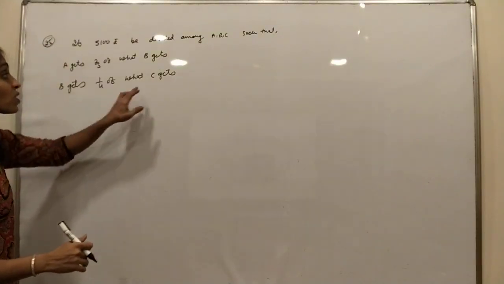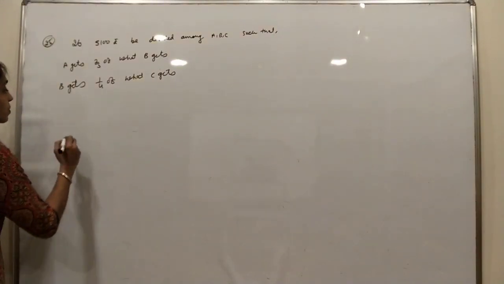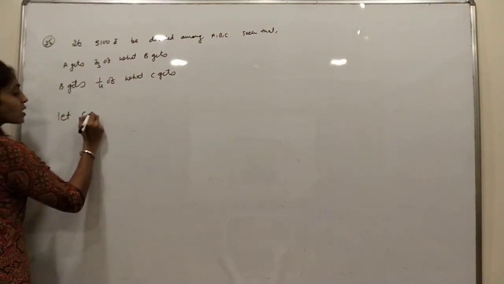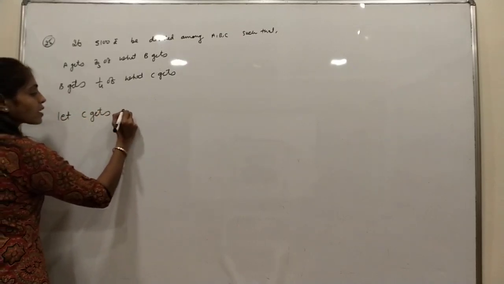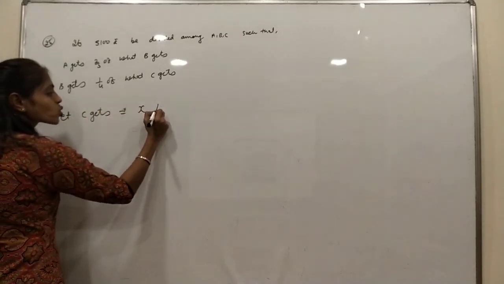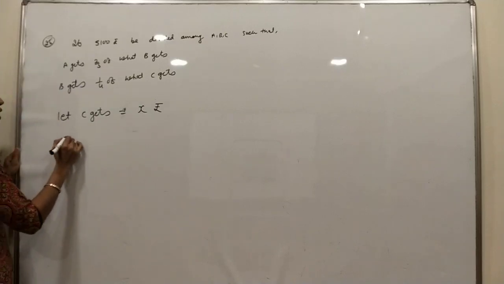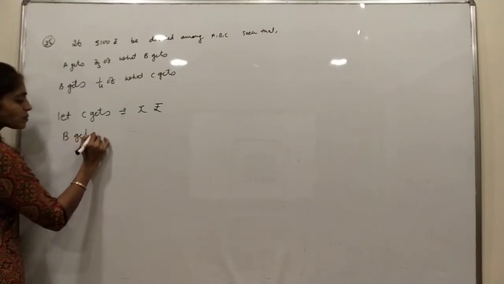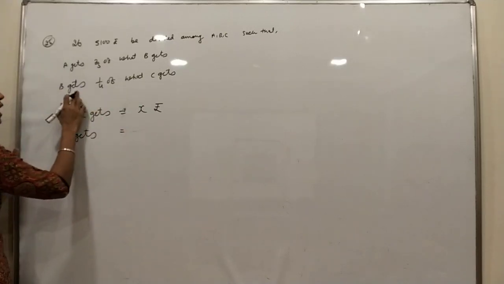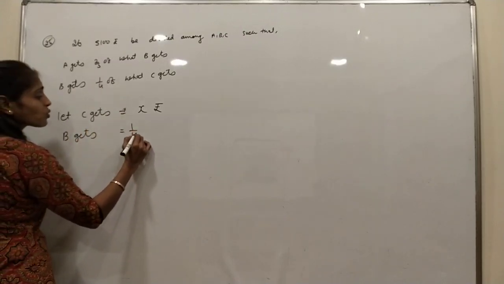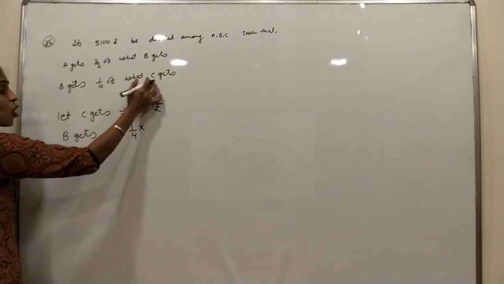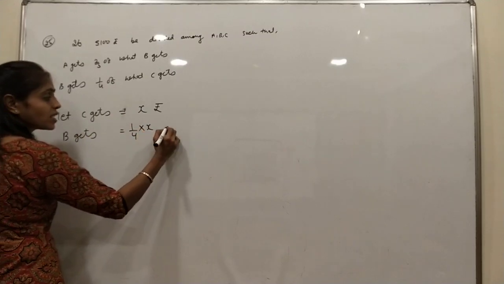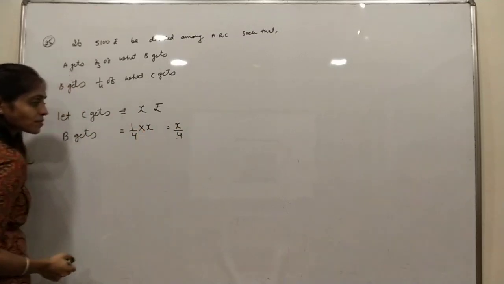Okay, then the smallest is... let C get X rupees. Now B gets 1/4 of what C gets, that is X upon 4.